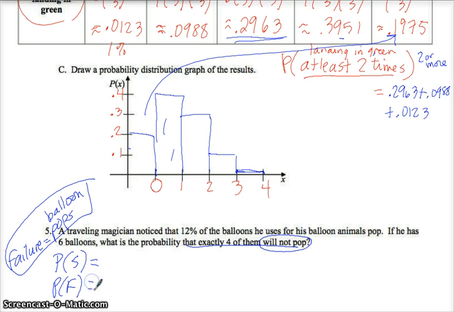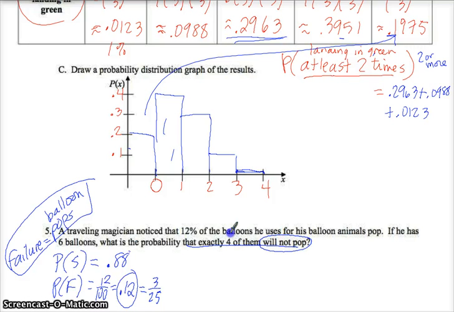So it pops 12% of the time, so that's 12 out of 100, right? Or you could just make that a 0.12, or you could reduce that fraction into 3 over 25. It doesn't really matter. So I'm probably just going to use the decimal because it's a little easier. So if my probability of failure is 12% or 0.12, then my probability of success is 1 minus that, or the remaining percentage, which is 88%, or 0.88.